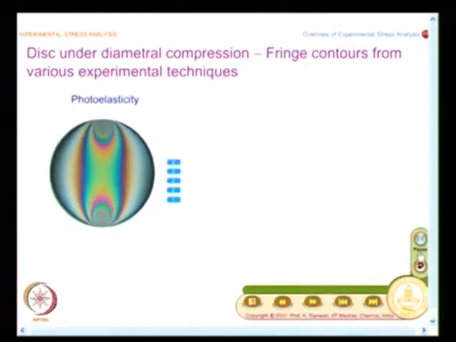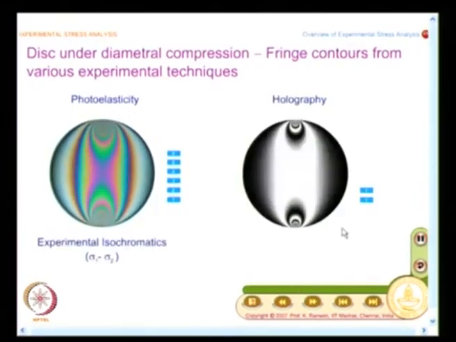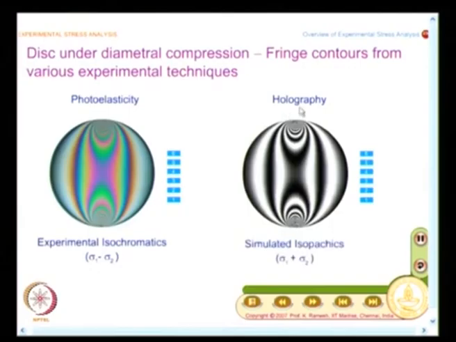So, we will see the photoelastic contours, and we will also see another experimental arrangement where you get contours of sigma 1 plus sigma 2. In photoelasticity you get contours of sigma 1 minus sigma 2, and as I said, one experimental technique will not give all the information. Suppose I want to find information on individual stress components.